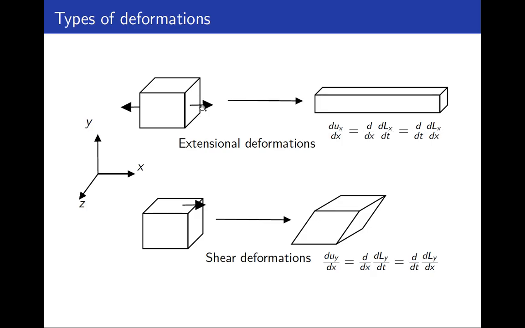In extensional deformation, we were applying a force over this surface, so we have the extensional stress. But in this case, the tangential force is being applied over this surface, so we have the shear stress. So we have the shear deformation, where there is a variation of the shape, but the volume is going to be the same compared to this case.